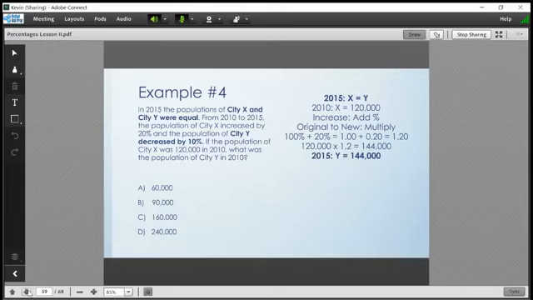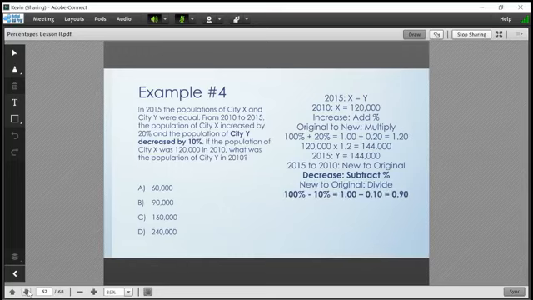I need to go from the new to the original. From 2015, we're going from the new to the original. For the decrease, we're going to subtract the percentage. From new to original, we're going to divide. So 100% minus the 10%, that's the same thing as 1 minus 0.1, or in this case, 0.9.